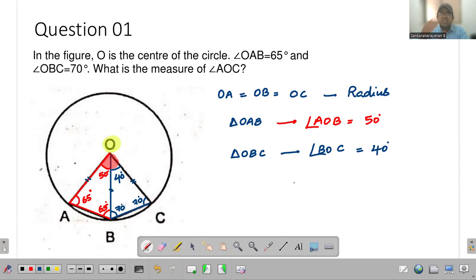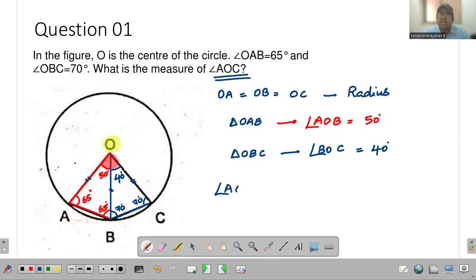Because OB and OC are the radius of the same circle. When you are considering triangle OBC, I can deal with it as an isosceles triangle. So the base angles will be the same, 70-70, right? So that helps us to find out the measure of AOB, 50 degrees, and the measure of BOC, 40 degrees. You are asked to find the measure of angle AOC, right?